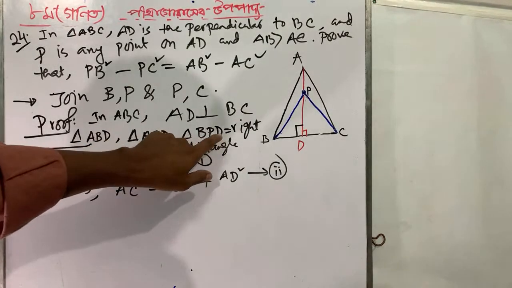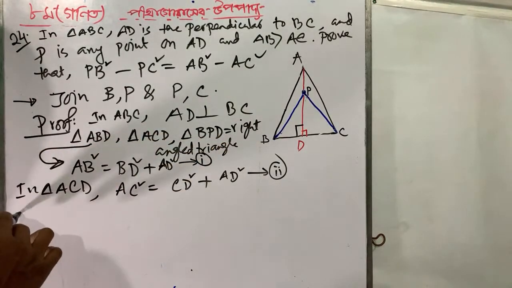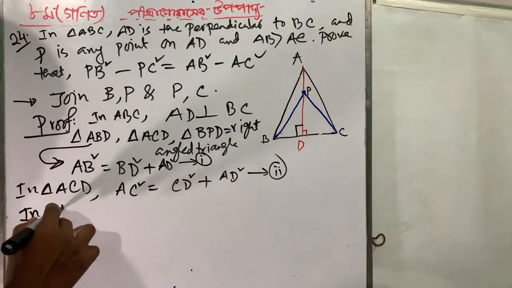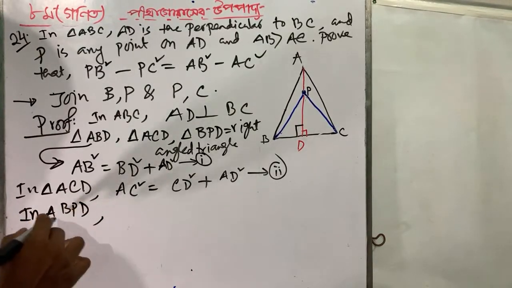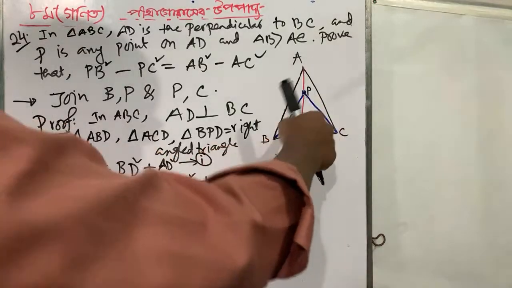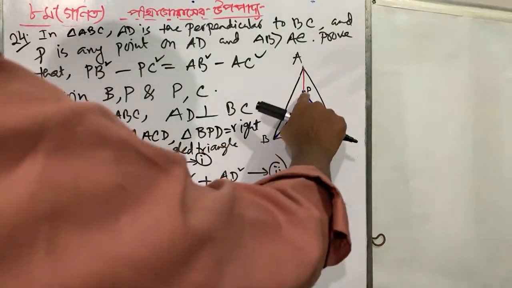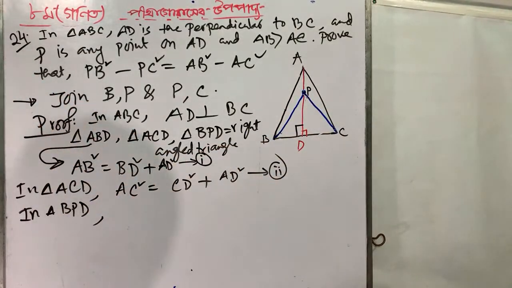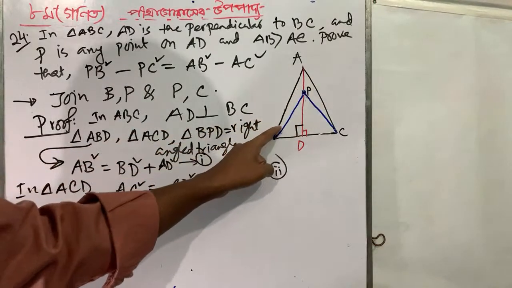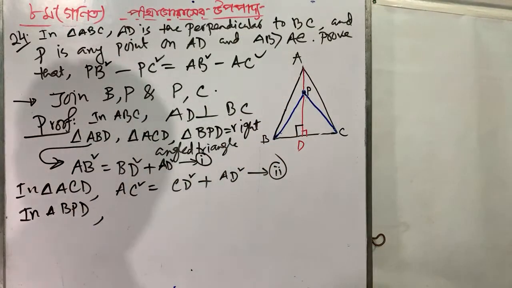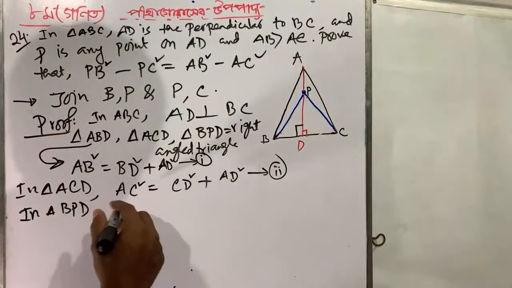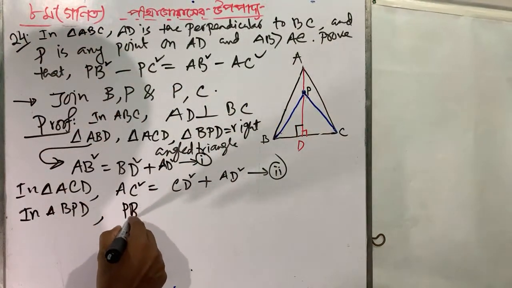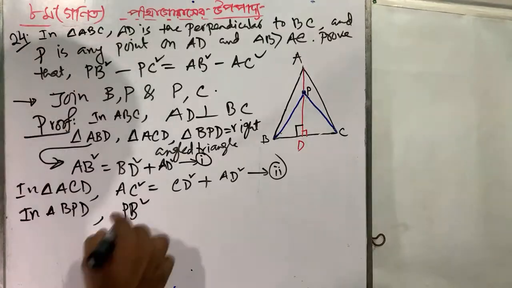Now the last triangle, BPD. In triangle BPD, BP is hypotenuse. So I will write PV, okay, not BP, because I have PV here, not BP.